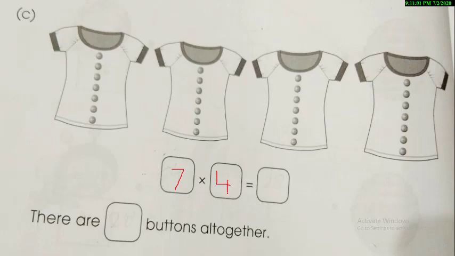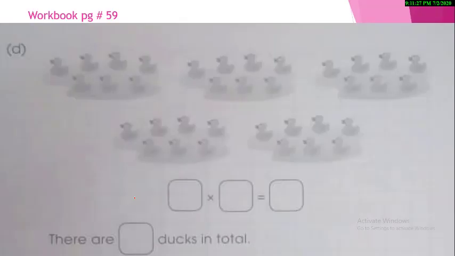Yes. So what will be your answer? Anyone who knows the 4 times table can quickly read it till 7. Yes, it's 28. 4 sevens are or 7 fours are 28. You will copy the same number over here. And yes, the one page is done. These pages are very easy.